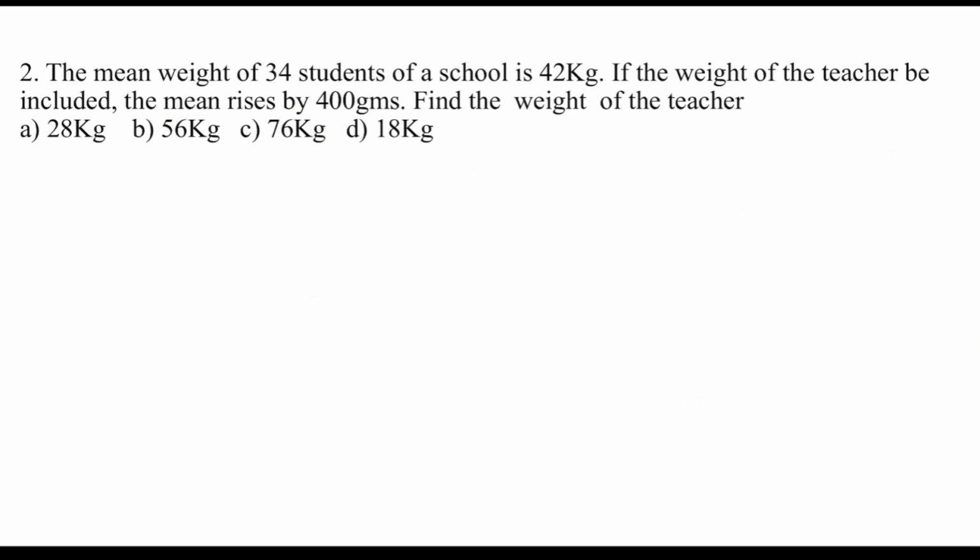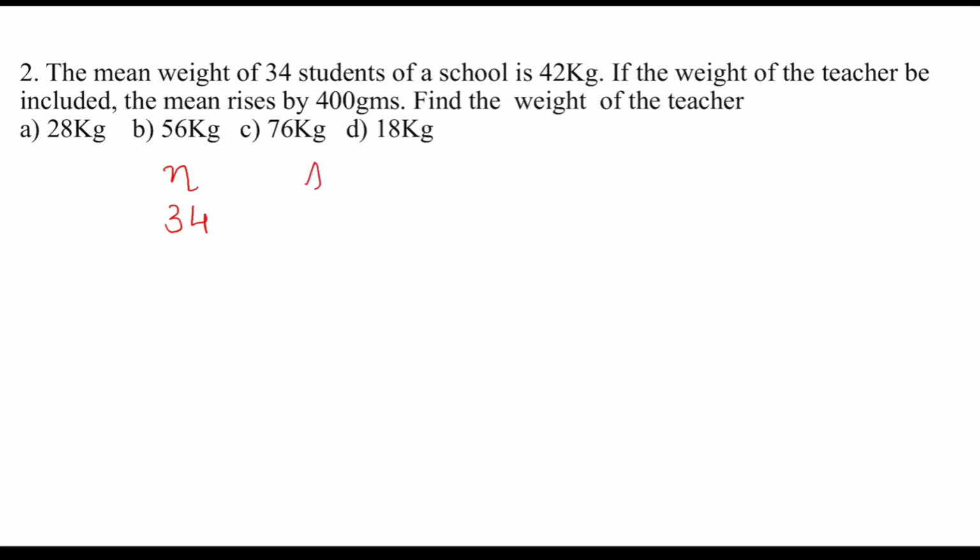The mean weight of 34 students of a school is 42 kg. If the weight of the teacher is included, the mean rises by 400 grams. Find the weight of the teacher. What they are saying: mean weight of 34 students, so the number of students is 34, of a school is 42 kg.